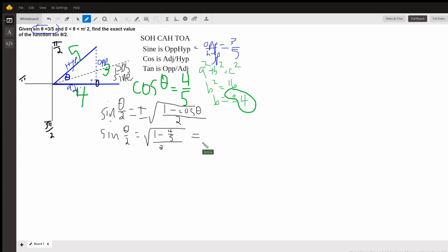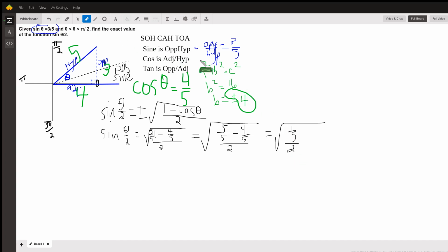So this is a fraction, so we need a common denominator. Multiply top and bottom by 5. And this becomes 5/5 minus 4/5 all over 2. And this becomes 1/5 over 2.